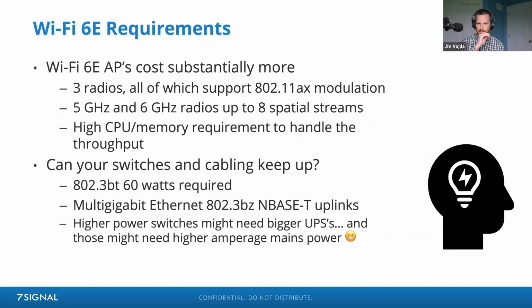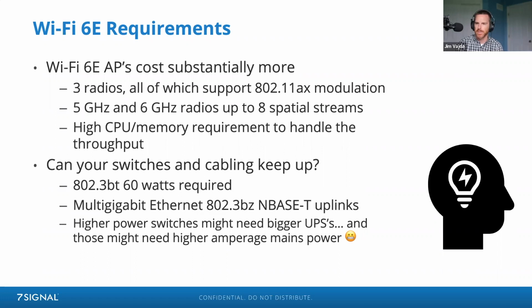The budget, of course, but you really got to look carefully at your switching infrastructure too. This is the big obstacle or challenge before deploying Wi-Fi 6E in the enterprise, because these new high performance 3 radio APs, almost all of them, need 60 watts of PoE.